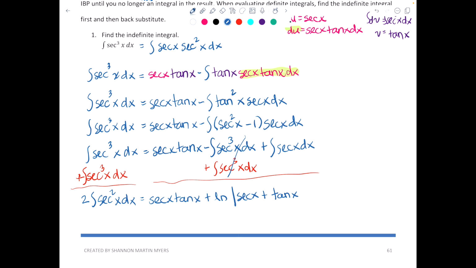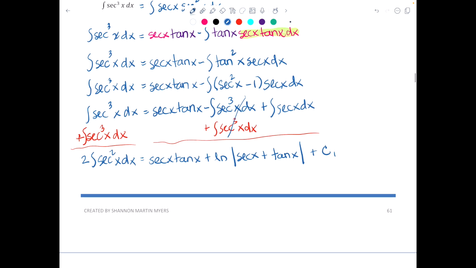So again, another so easy it's hard one. And then we can call it adding C1. We're going to divide by 2. So we'll have the integral of secant cubed at x dx is equal to 1/2 times secant at x times tangent at x plus the natural log of absolute value of secant at x plus tangent at x.